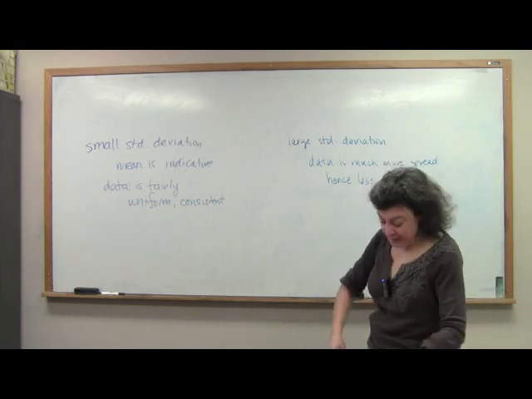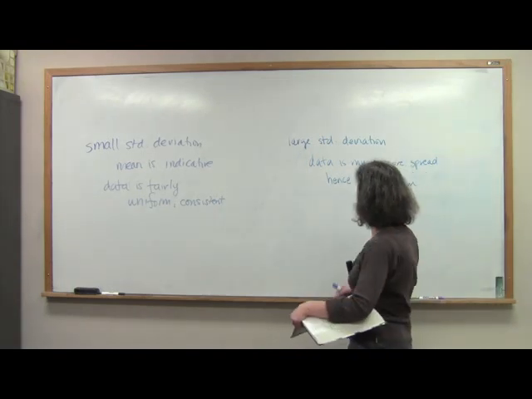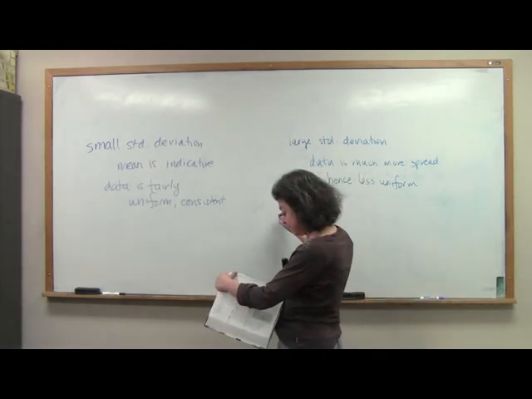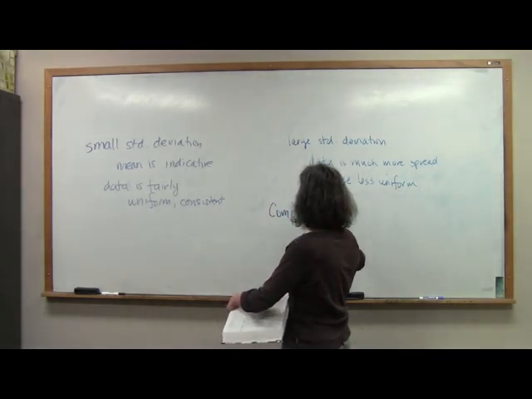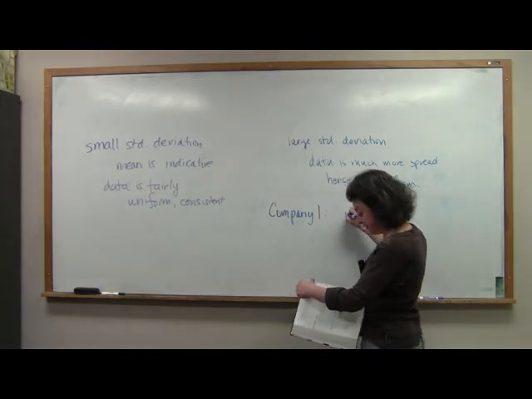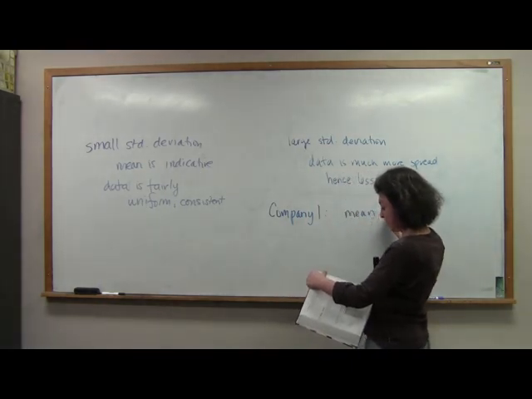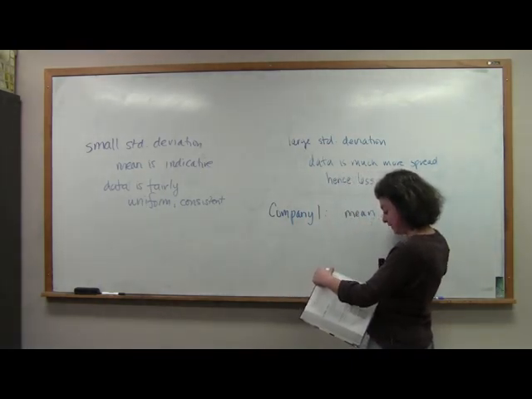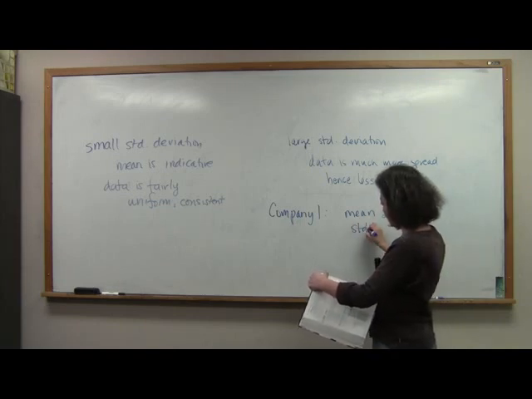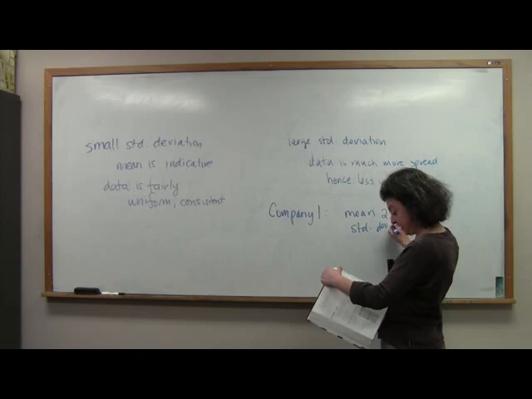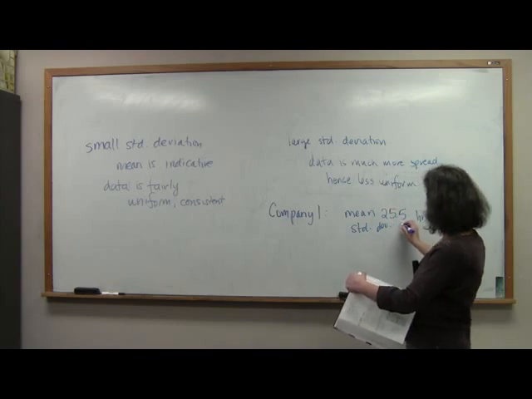So, suppose, for example, I had 2 companies, and company 1 made batteries, and suppose the mean life was 25.5 hours, and suppose their standard deviation was 7.2 hours.